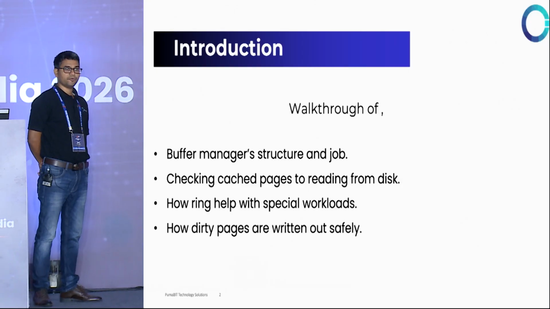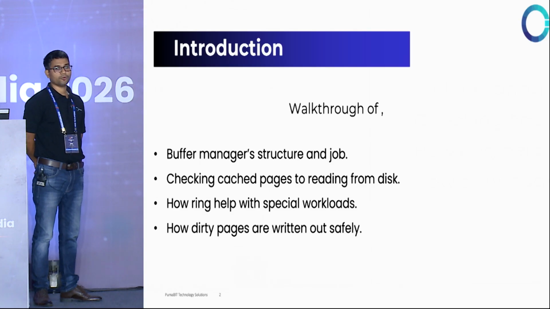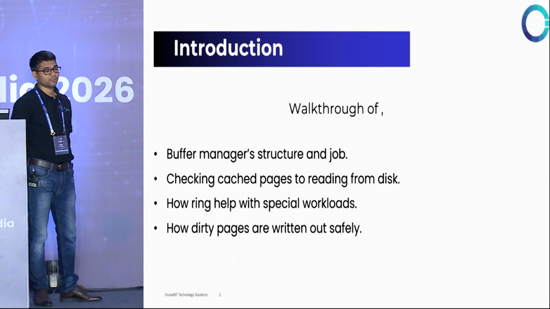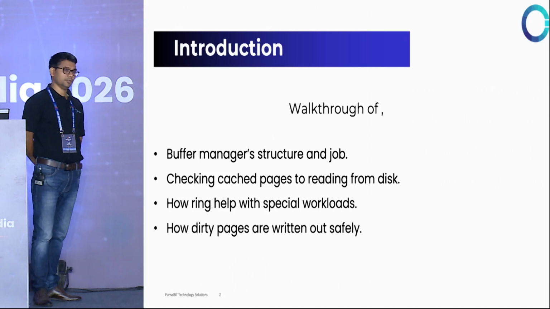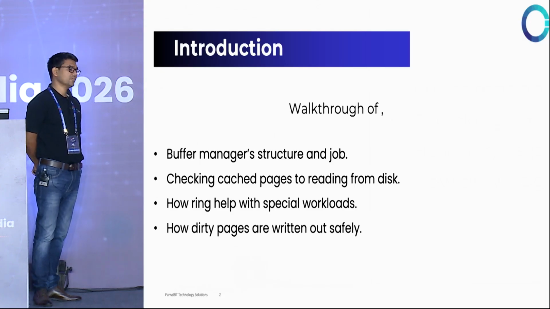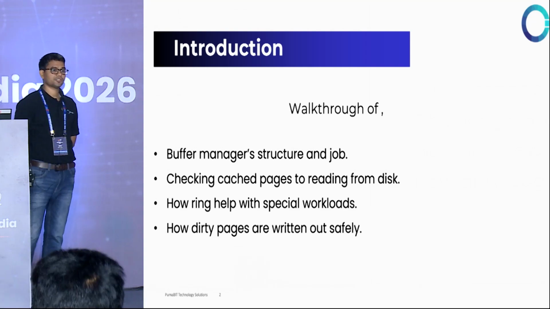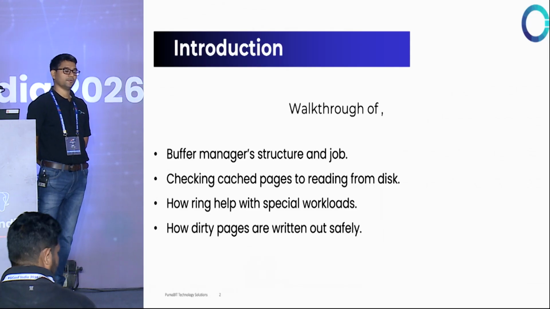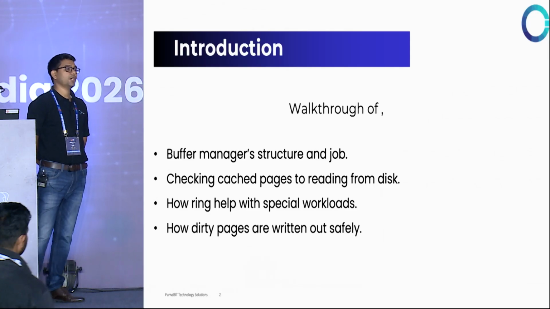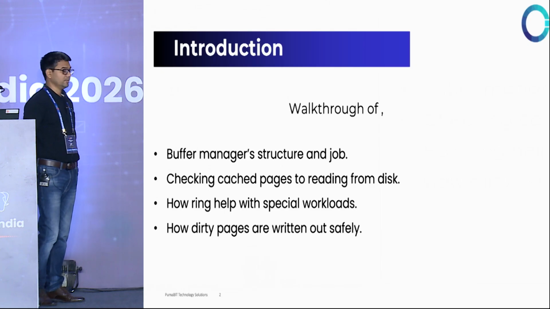So the topic is about knowing the components of the buffer manager. So far we only know that when we talk about memory, we talk about the different buffers of PostgreSQL, including the maintenance buffer and shared buffer, the major memory components. But along with the shared buffer, there is an internal structure which manages how pages are loaded from disk to memory, and how data is flushed from memory to disk, vice versa.